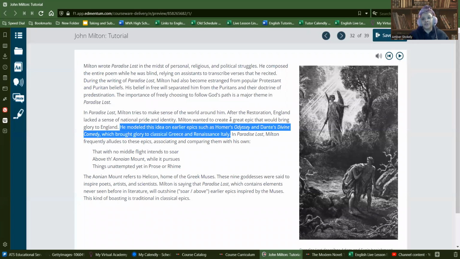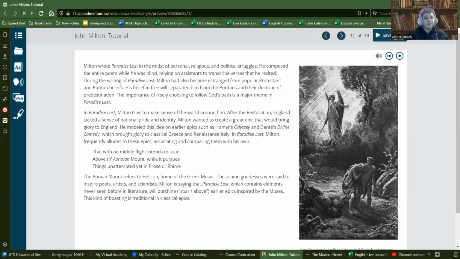So he wanted his own version of that, but for England, especially because remember at this time, after the Restoration with King Charles II on the throne, he wanted basically for England to have a solid identity. It's very obvious from what he wrote that he supported Cromwell because he thought that doing so would finally bring England together. And that's not what happened. So he had to reflect and figure out what he thought would actually help. And because he was a writer, he did writing to try to achieve that goal.